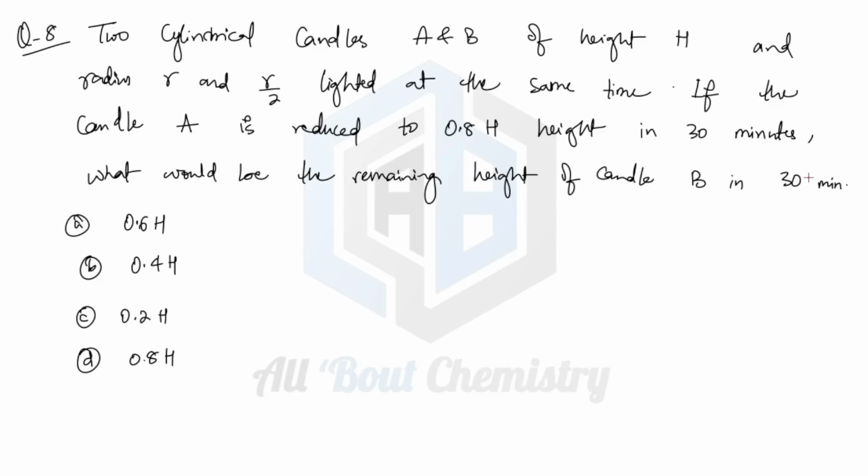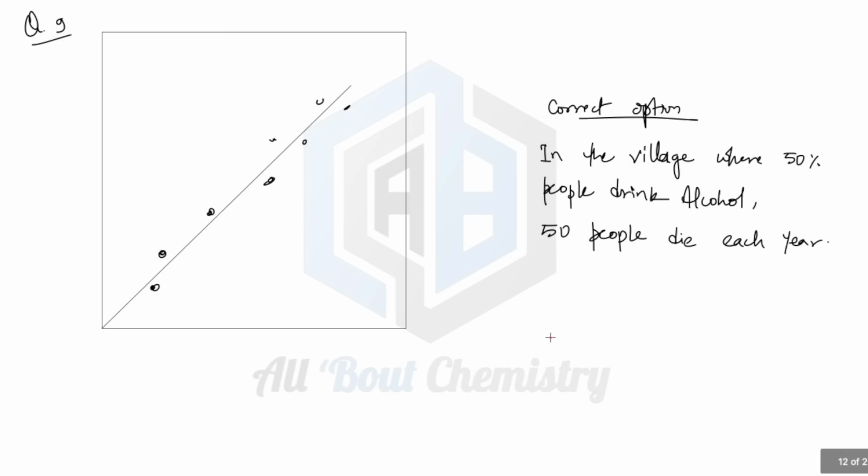So I think the answer should be 0.2 h. That's what I have solved. It is a typical volume based question; you have to use the volume of a cylinder to solve it. I hope this is correct, if I have not done any silly mistake. All right, let's take the next question.